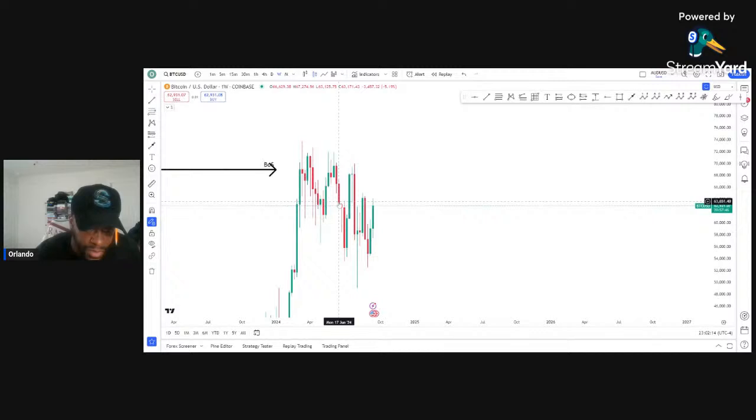Distributed, redistributed, broke this low, created a new low. Accumulated, reaccumulated, smacked the supply zone, distributed, redistributed, broke this low, created a new low. Accumulated, reaccumulated, smacked this area. What did it do? Distributed, redistributed. Oh, respected the demand zone.